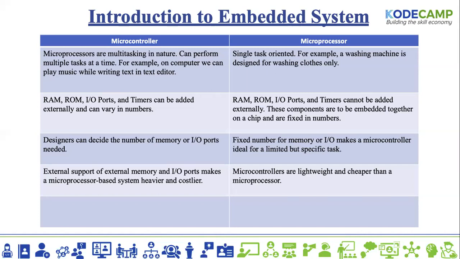For example, on a particular computer, I'm doing a presentation on Zoom while my slides are on, so we can multitask with a microprocessor. I could also be playing music as well.